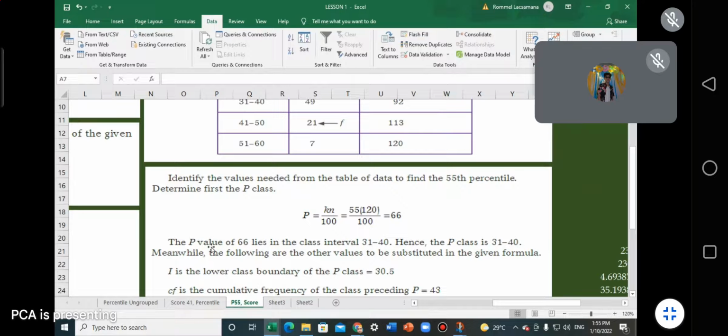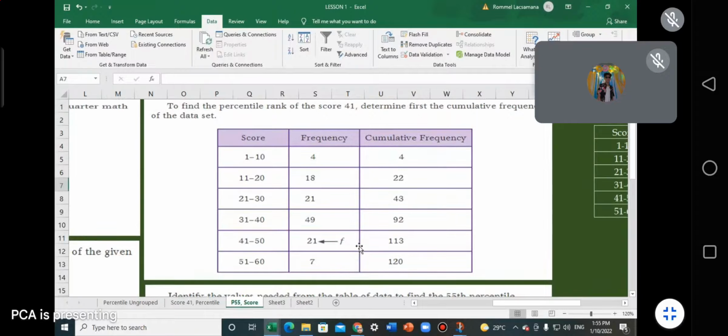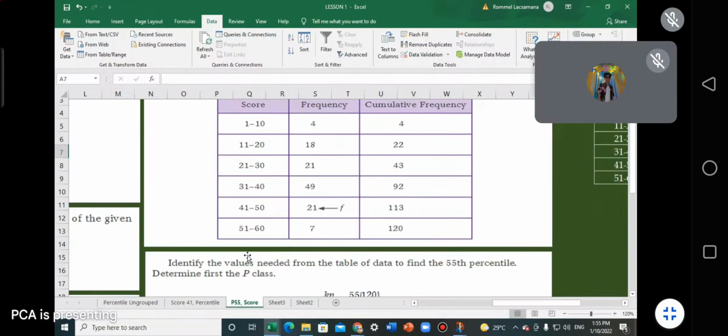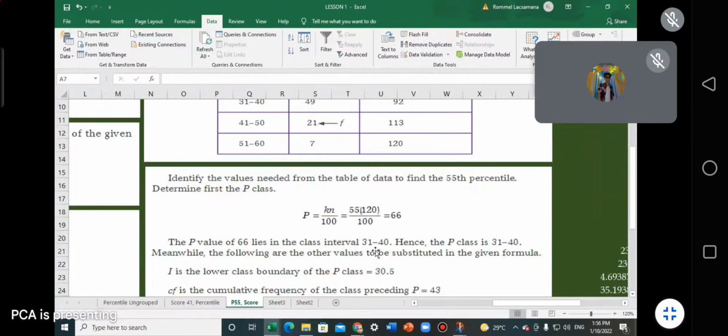Now, the p-value of 66, where do you actually locate it? In the frequency distribution table. Sabi dito, it lies in the class interval 31 to 40. So what are you looking for? Is it under frequency, CF, cumulative frequency, or the score itself? Tignan natin. Sabi niya, interval 31 to 40 is 66.